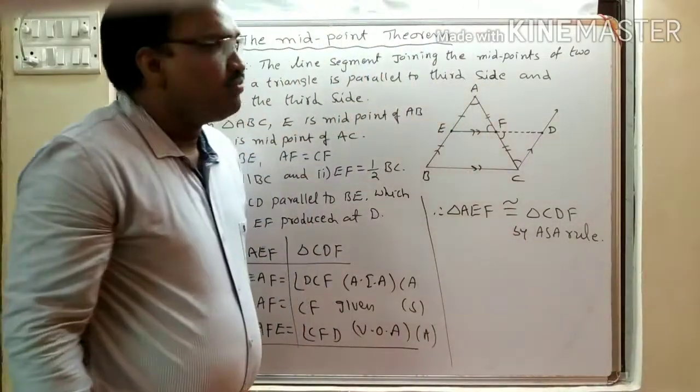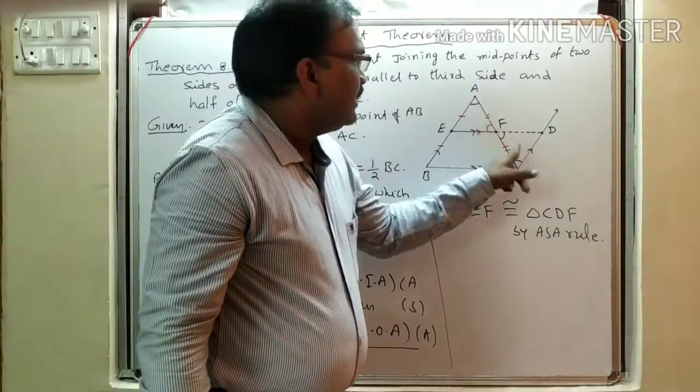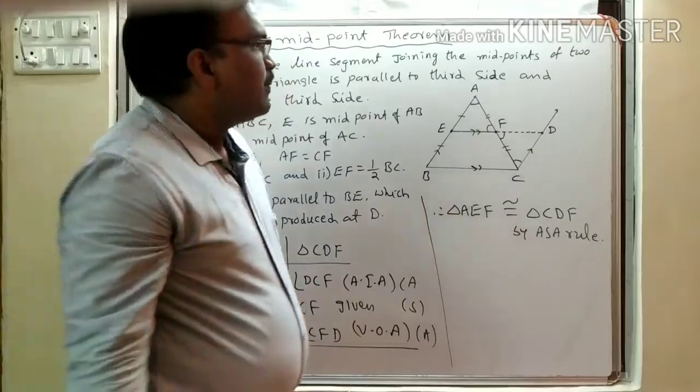Once the triangles are congruent, their corresponding parts are equal.